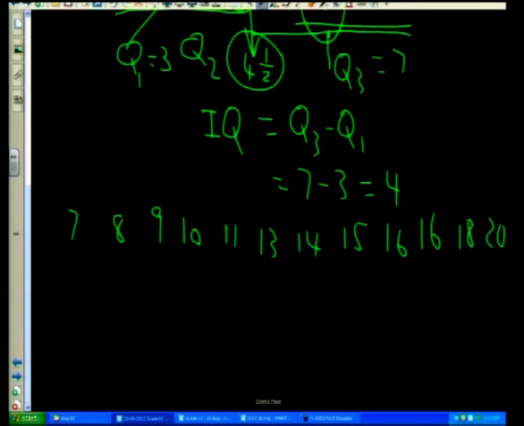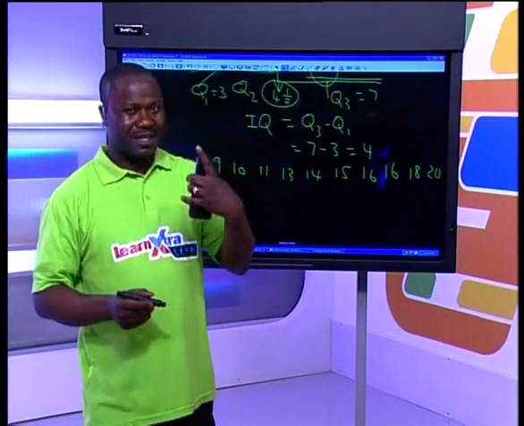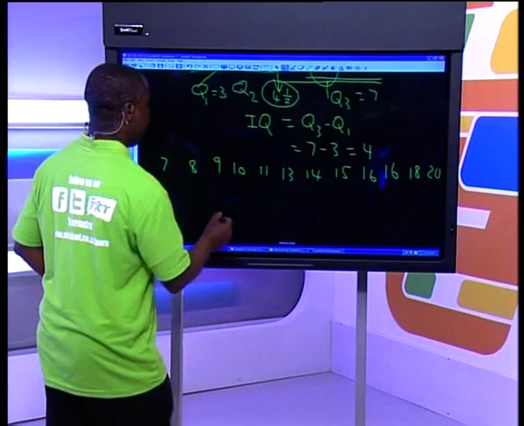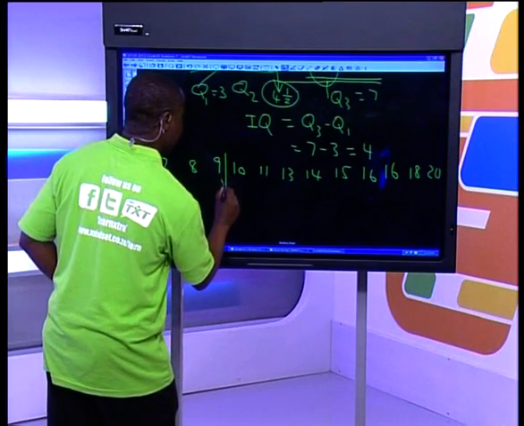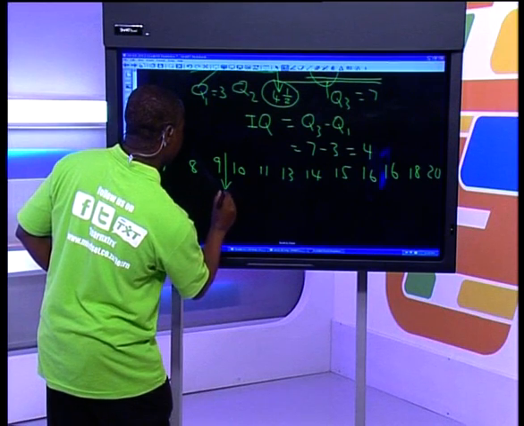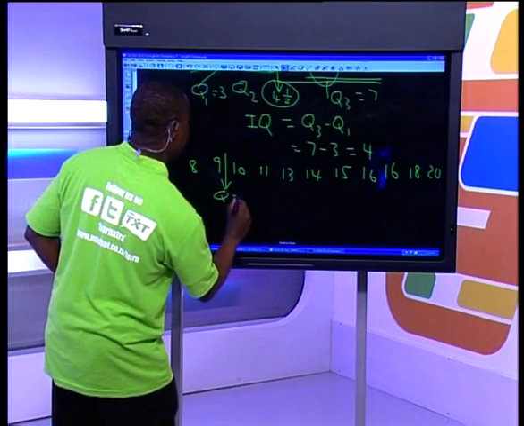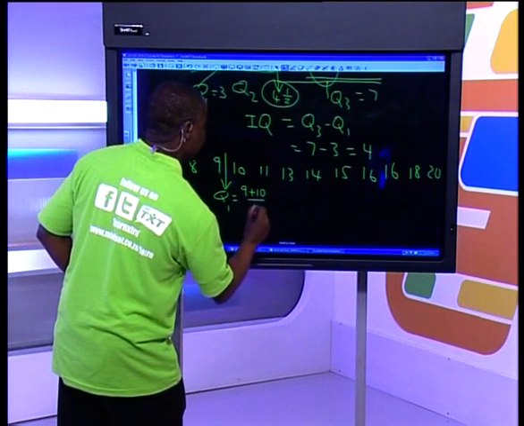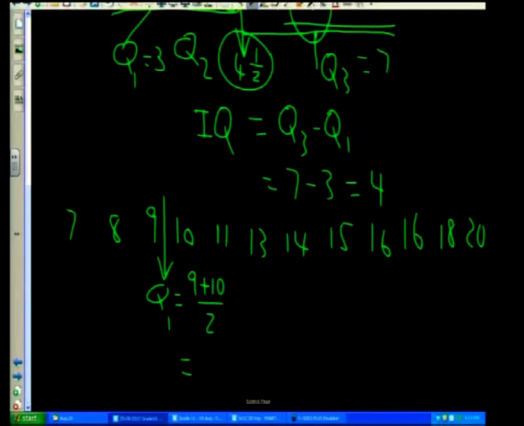All right, so 12 data points. 12 data points divided by 4 gave us 3. So the position will be 3.5. Okay, and that becomes quartile 1, which is 9 plus 10 divided by 2. And that gives us 9.5.